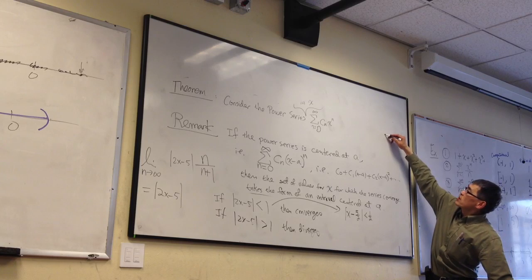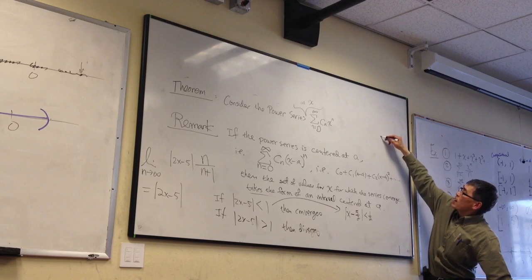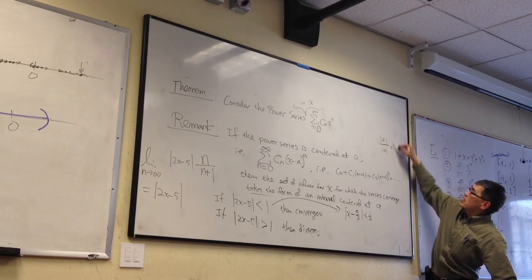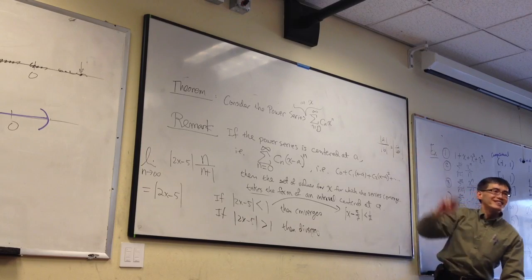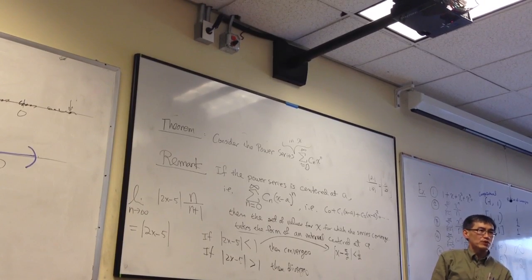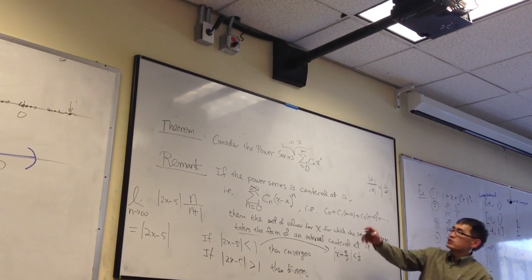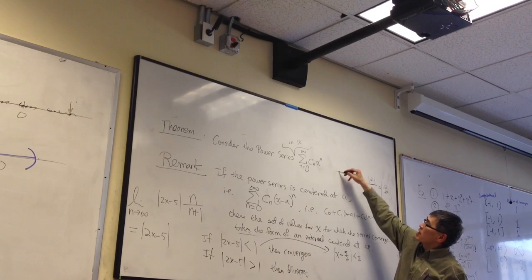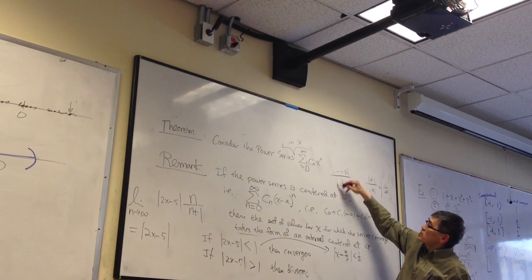Something worth knowing is that if you have absolute value of A over absolute value of B, that is the same as the absolute value of A over B. Alright? The quotient of the absolute values is the absolute value of the quotient. So if you divide both sides by 2, then on the left you have the absolute value of 2x minus 5 over 2. But 2 is the absolute value of 2.